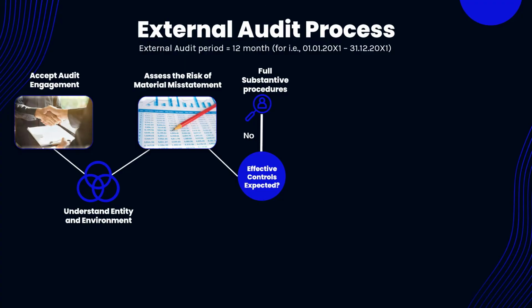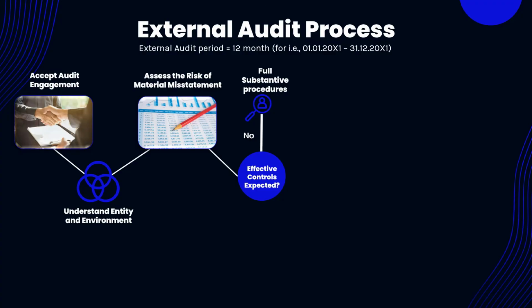These are procedures like taking matters into their own hands. They will start from the top of the balance sheet and start redoing everything, recalculating everything one by one. So they leave no stone unturned. That's only in case they realize that internal controls are not effective.